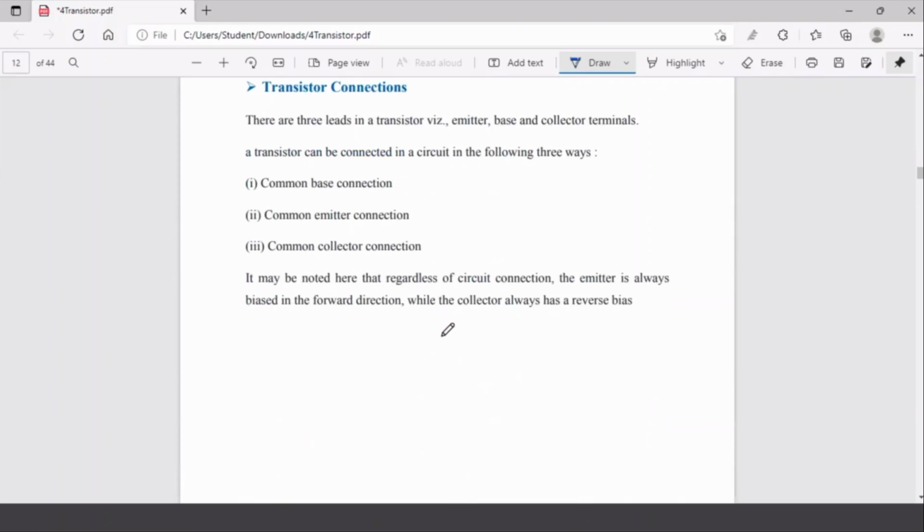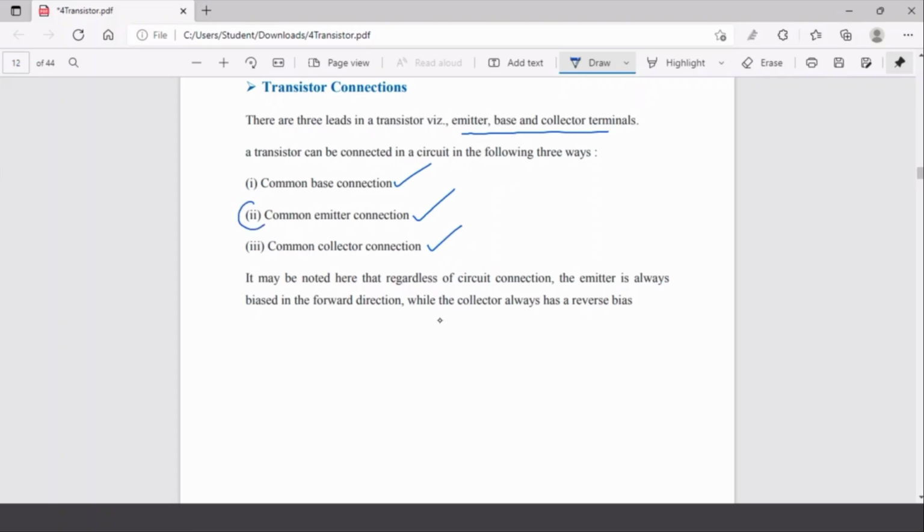Now let us quickly see what the transistor connections are. Since the three terminals we have are emitter, base and collector, we have three ways of connection: common base connection, common emitter connection and common collector connection.